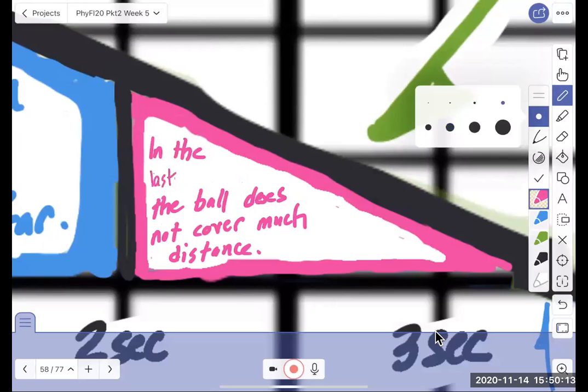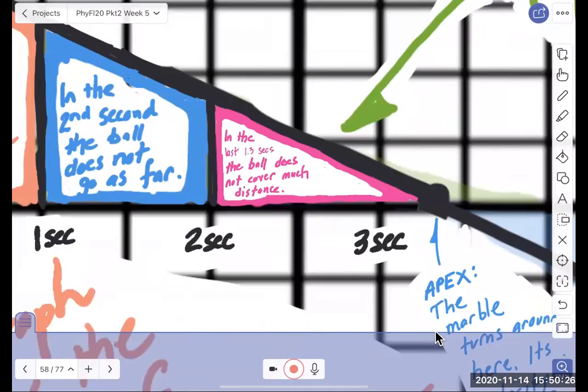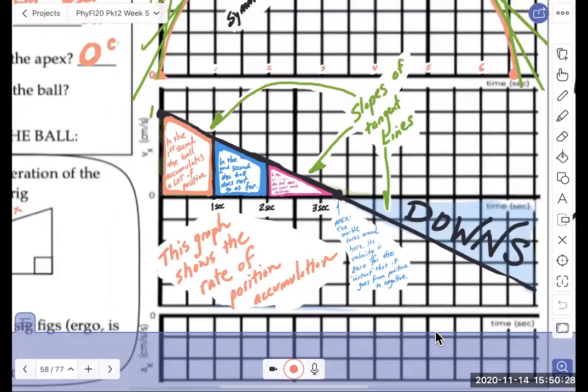In the last 1.3 seconds, the ball does not cover much distance, right? Diminishing returns. Okay, that's the only thing to do on that one.